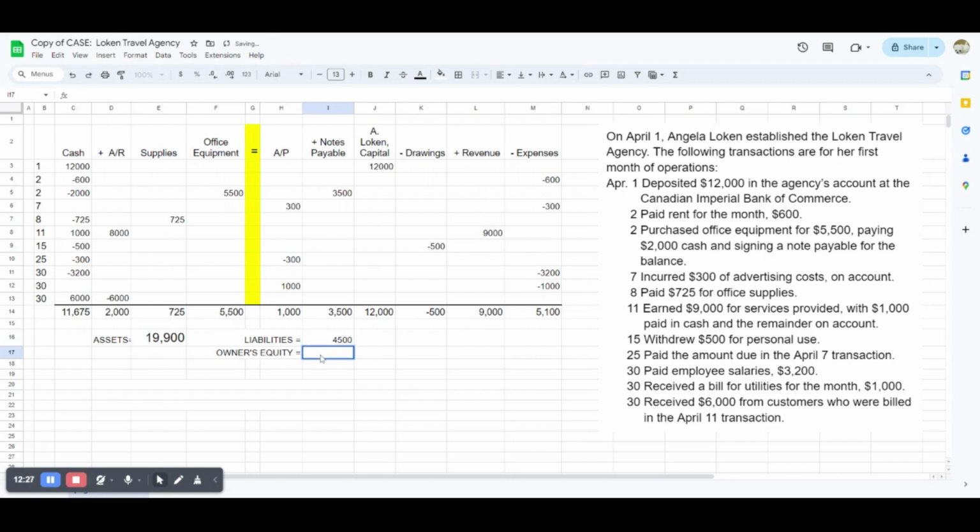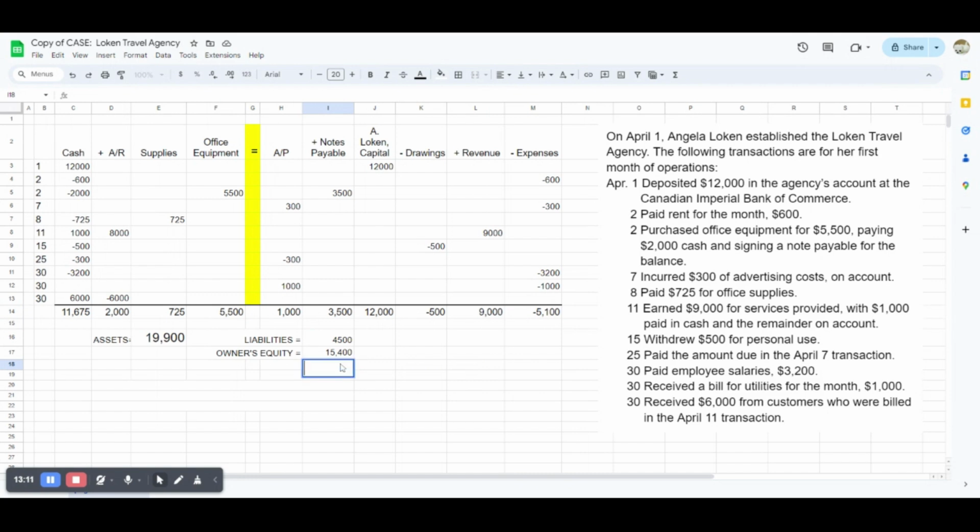And owner's equity. Let me just use Google Sheets again. Okay. Hold on. Okay, I know what happened. Expenses is supposed to be negative. Okay, let me just add this to my calculator. Wait. Yay. Okay, so the computer just did it for me.